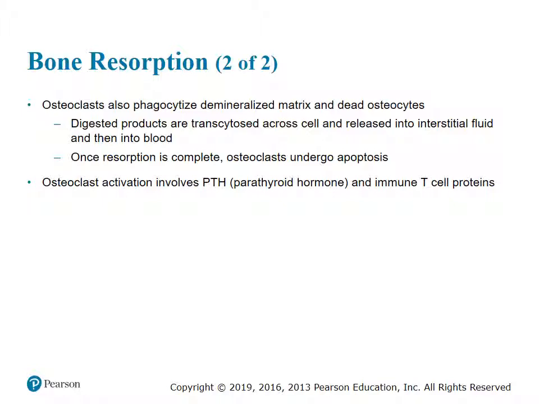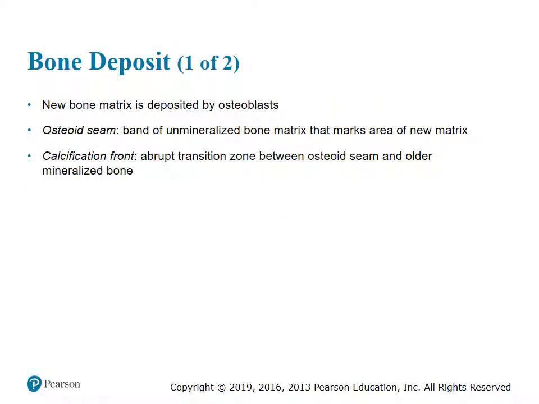Osteoclasts will actually eat away at bone, and at dead osteocytes. Osteoclast activation actually involves another hormone. We call that the parathyroid hormone. Osteoblasts deposit bone, so new bone is made through osteoblasts.